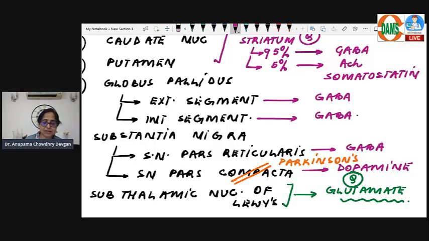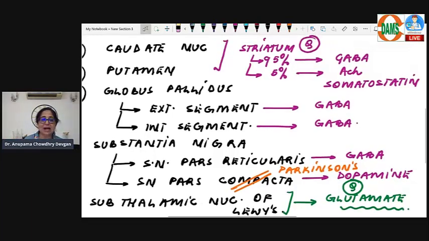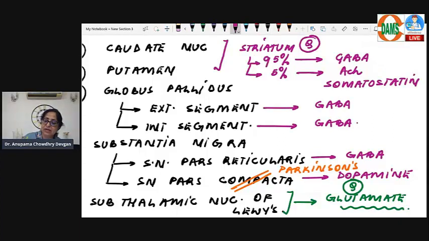Again, 95% of the striatal neurons secrete GABA. 5% secrete acetylcholine and somatostatin. Globus pallidus external segment secretes GABA. Internal segment secretes GABA. Substantia nigra pars reticularis secretes GABA. Pars compacta secretes dopamine.